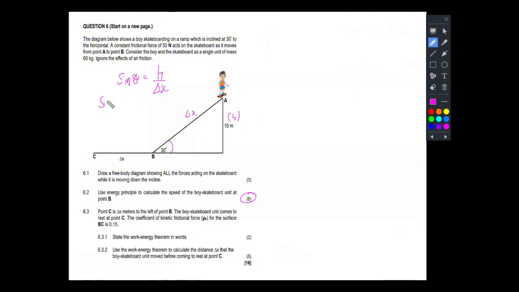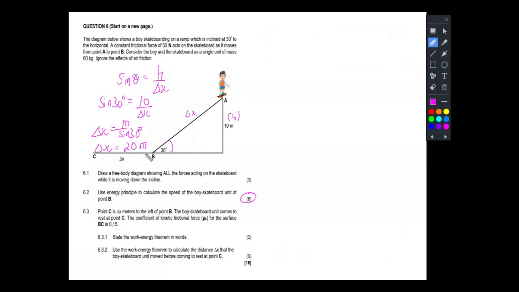Now we have sine 30 degrees is equals to 10 over delta x. So to calculate delta x, we now have to say 10 over sine 30 degrees, right? Which means our delta x will now be equals to 20 meters, right? So punch it into your calculator.